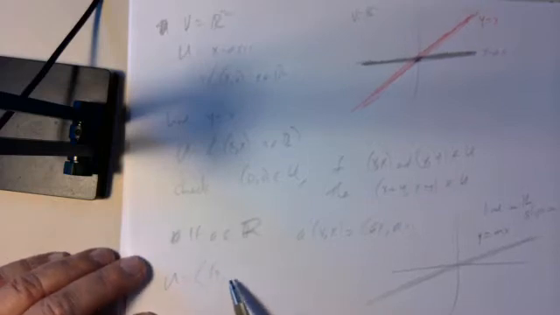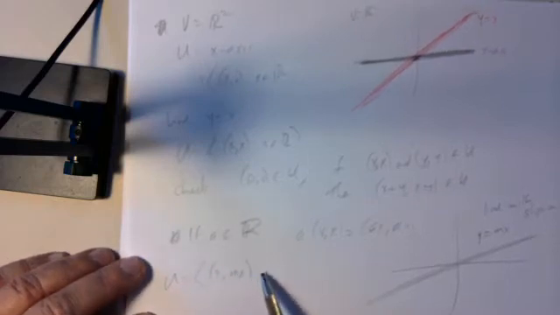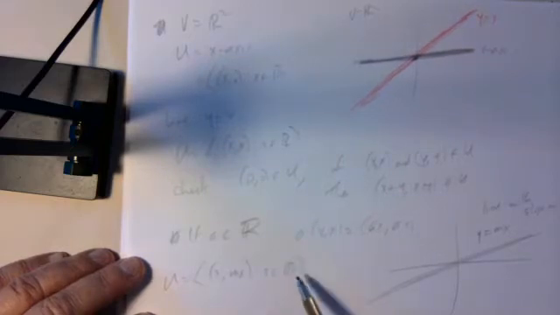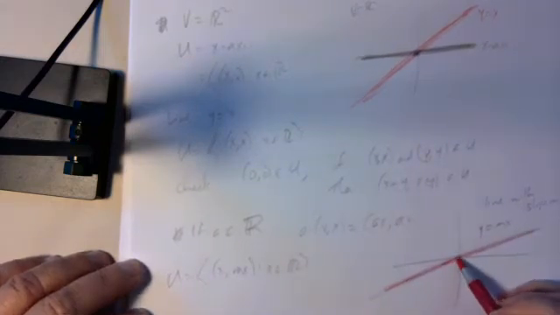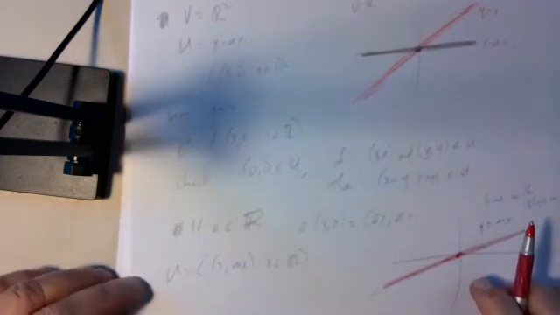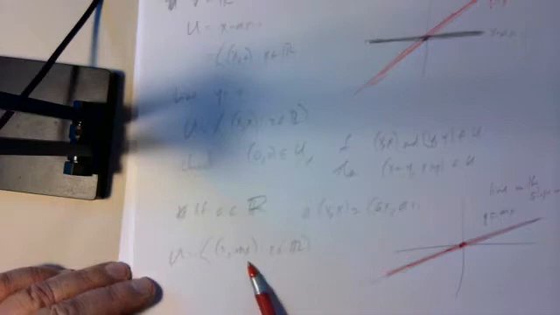So U is the set of all points x, mx. So this is the line going through the origin with slope m. And again, you can check: this contains 0, 0. It's closed under vector addition and it's closed under scalar multiplication. So that's a subspace.